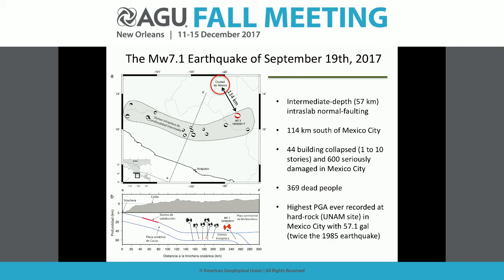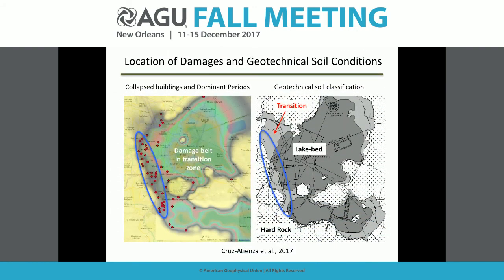About 75% of the whole energy change remains in the focal region, and only the rest of the energy, the part that is radiated, is high enough to produce very large PGAs. So they are very interesting events. This is a picture showing where the damages were concentrated in the city.